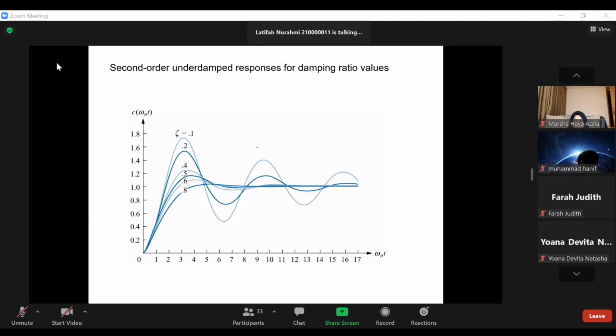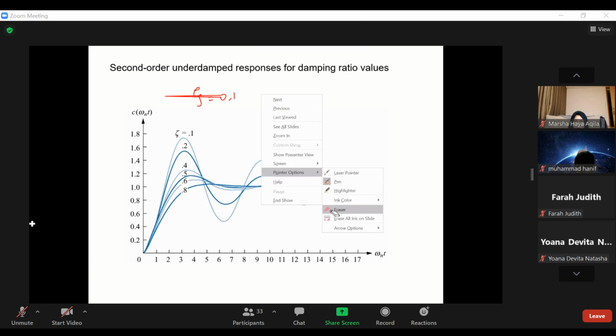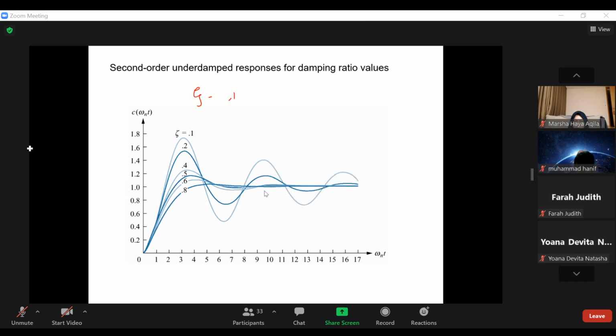So what does it mean between zeta 0.1, 0.2, 0.3, 0.4, and so on? What does it mean in real life, in physical meaning? Well, it's simple.